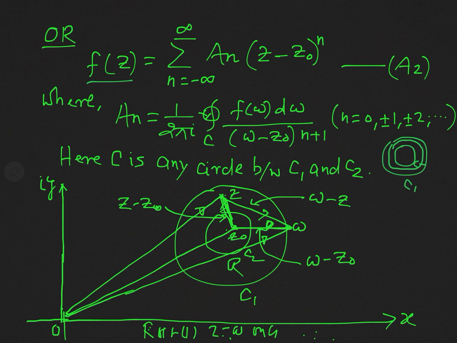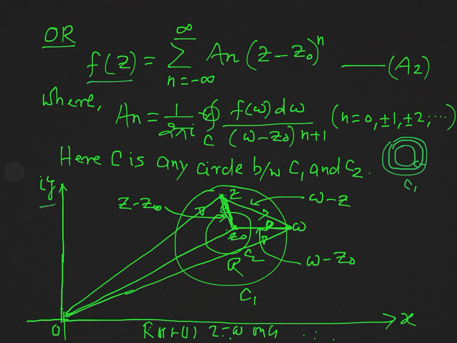In this complex plane the x-axis is along the horizontal direction, and this is the imaginary axis, iy.